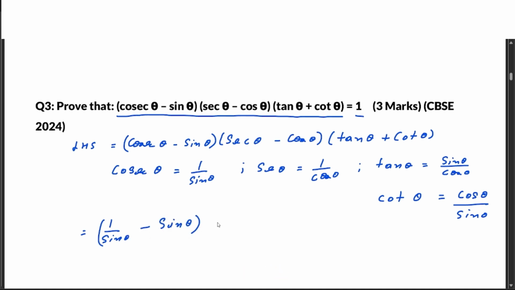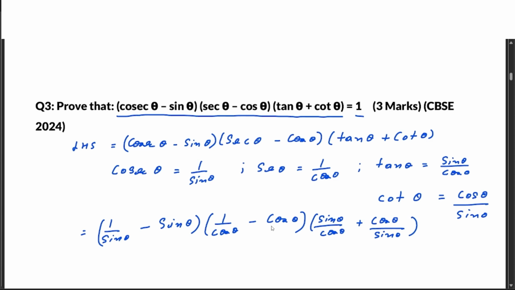Now sec theta is equal to 1 over cos theta, so we substitute 1 over cos theta minus cos theta, and in place of tan theta and cot theta we substitute the values of sine and cos. So here we can say sine theta over cos theta plus cos theta over sine theta.